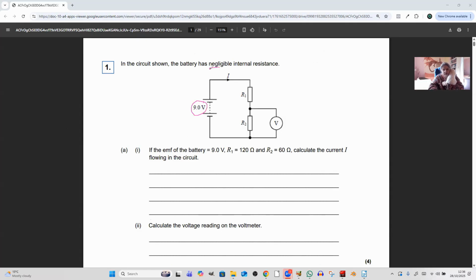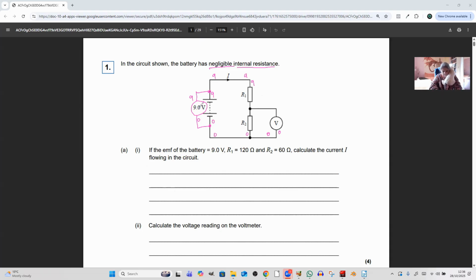It says there's negligible internal resistance, so basically we've got 9 volts across there. Let's make the negative end 0 volts. So this is 0, and this end is 9. That's 9, that's 9, that's 9.